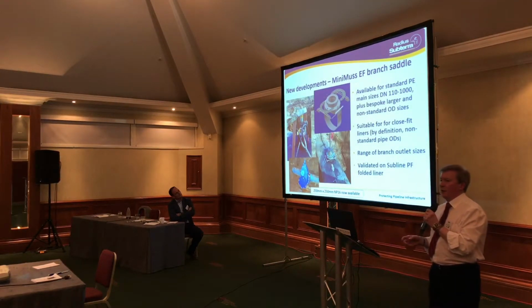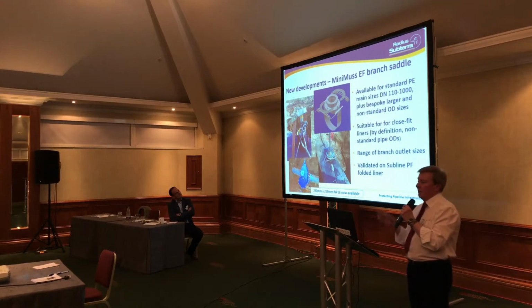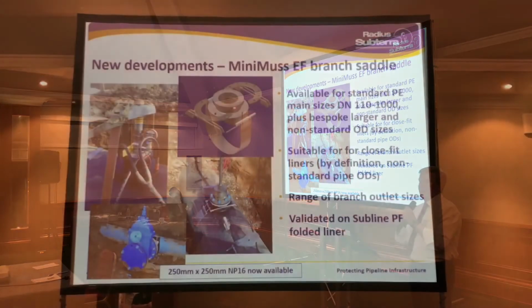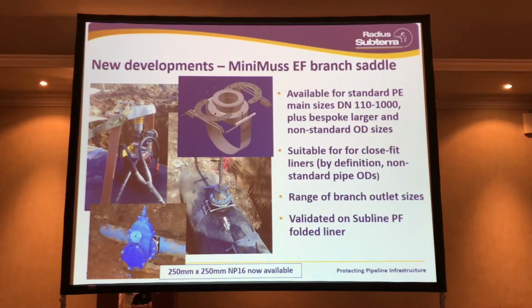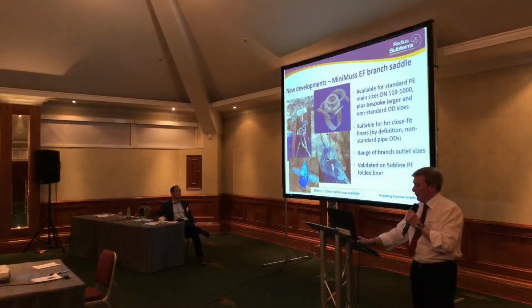Just a brief mention of one of Radius's developments, the Minimus EF branch saddle. This fits quite well into this area because the fitting itself is made to a bespoke internal diameter, so that it can be fitted precisely onto, say, a close-fit PE liner pipe, as well as an existing standard size pipe. There's a range of outlet sizes available for that too, very useful.